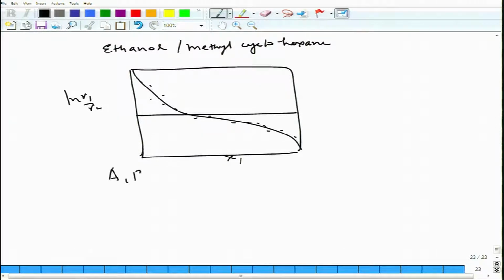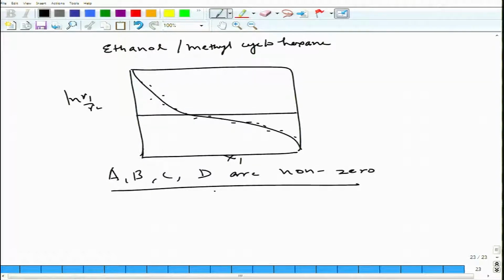So in this case, A, B, C, D are non-zero. Okay, and of course, degree of hydrogen bond depends on the concentration. More or less, the message here was that the number of terms in the expressions of Gx clearly depends on the molecular nature of the systems.